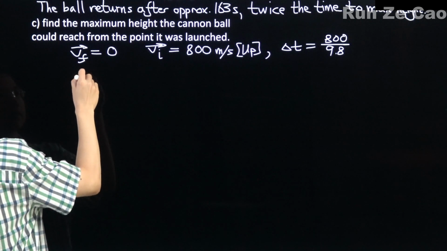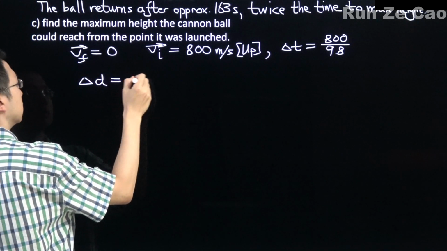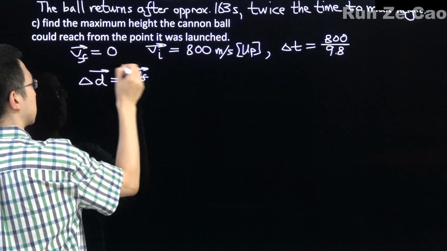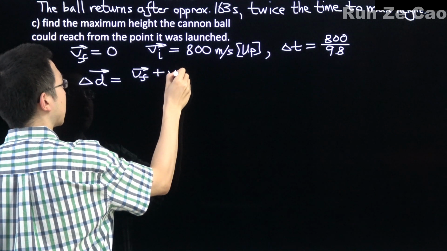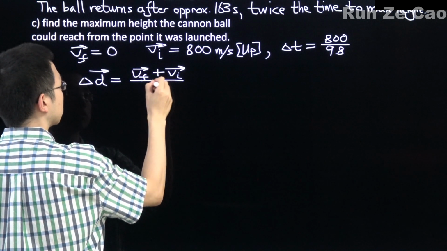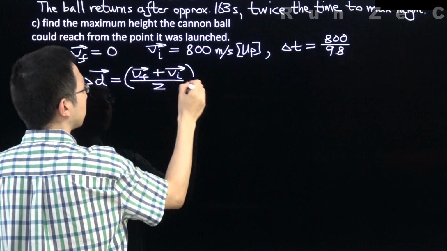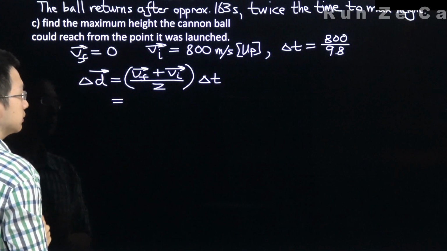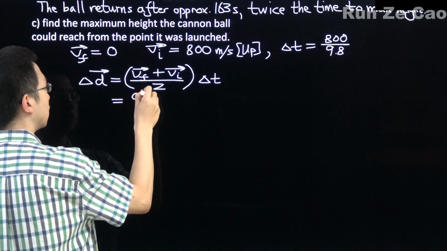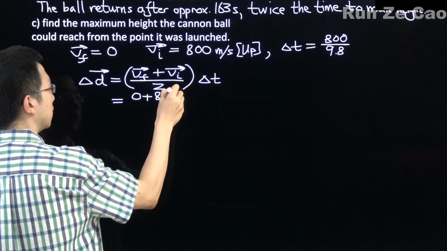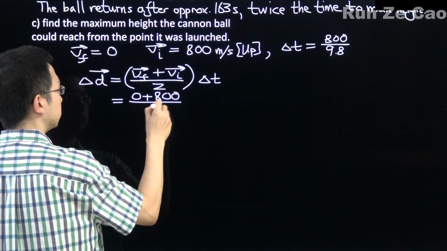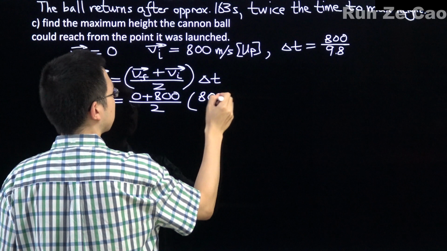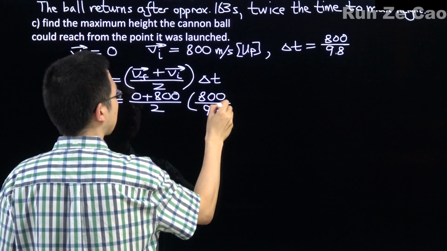And therefore, well, we have delta D equals Vf, that's a vector, plus Vi over 2, so the average velocity, multiplied by the amount of time it took. Which means we end up with 0 plus 800 over 2 multiplied by 800 over 9.8.